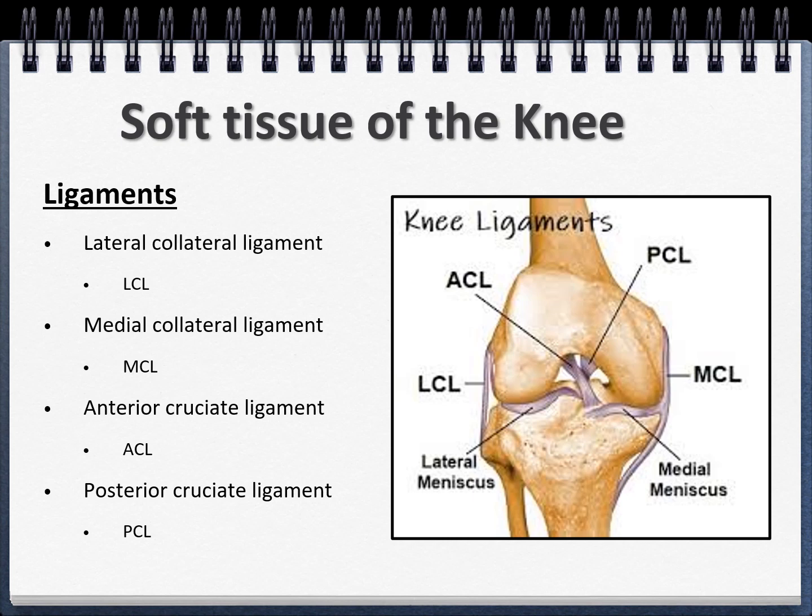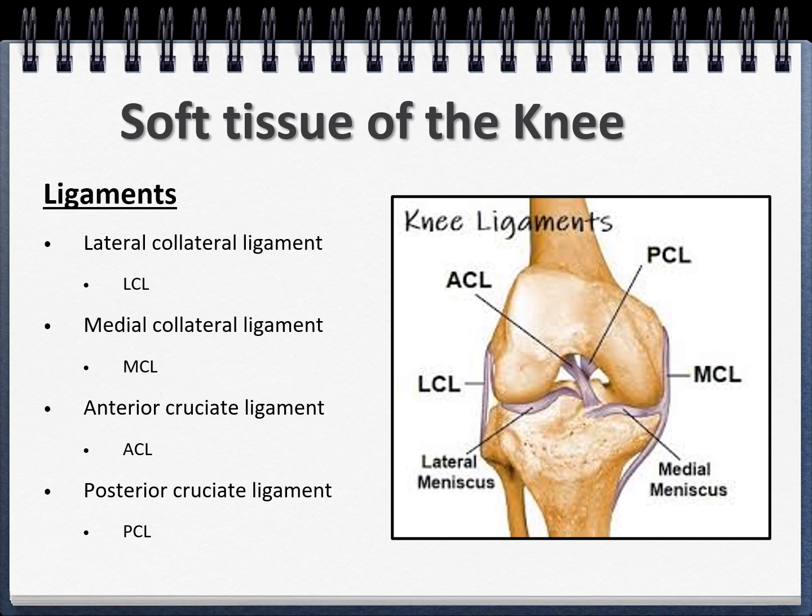So we've sort of seen some of them already on the diagrams we've had earlier, but the ligaments we need to know for the knee are the lateral collateral ligament, commonly known as the LCL, the medial collateral ligament, known as the MCL, the anterior cruciate ligament, the ACL, and the posterior cruciate ligament, PCL.